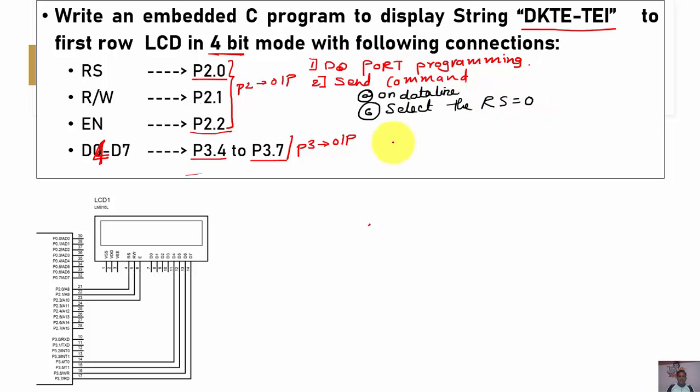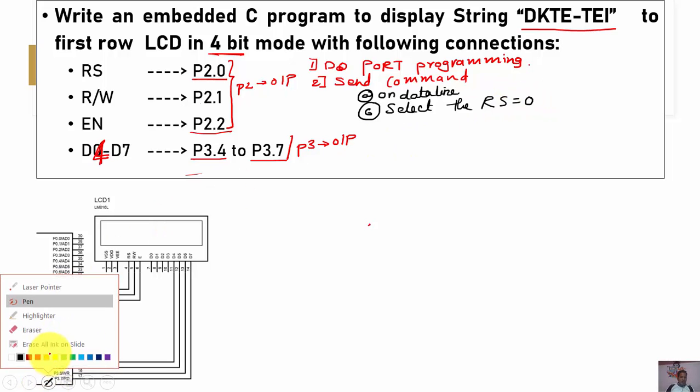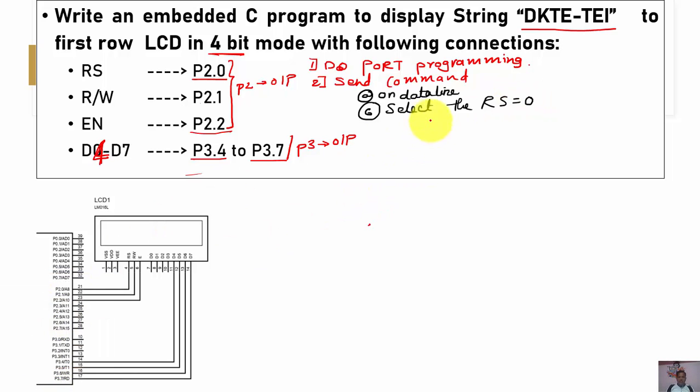To avoid confusion, instead of saying select, I will say make the RS pin equal to 0. The moment we make the RS pin equal to 0, the command register is selected, and the data present on the data line is treated as a command and is used for configuring the LCD.